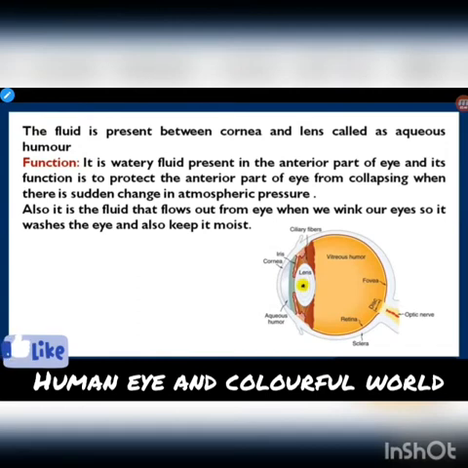Now, the fluid present between the cornea and the lens is called aqueous humor. It is a watery fluid present in the anterior part of the eye, and its function is to protect the anterior part of the eye from collapsing when there is a sudden change in atmospheric pressure.